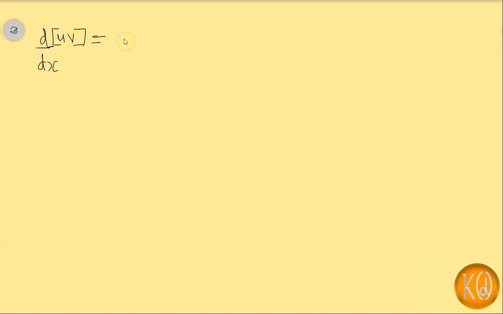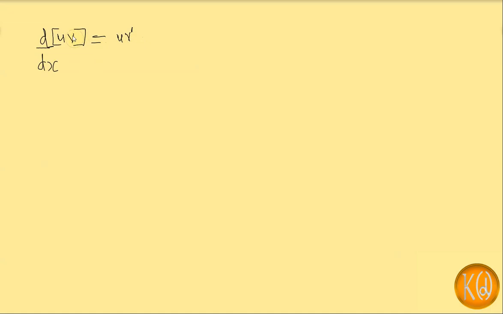So now the product rule states that when we have a product, we take the first expression, the first part of the product, which is the u in this case, and multiply it by the derivative of the second term in the product, the second expression, which in this case is v. And as you can see, I'm using the notation v prime. V prime just simply means the derivative of v.